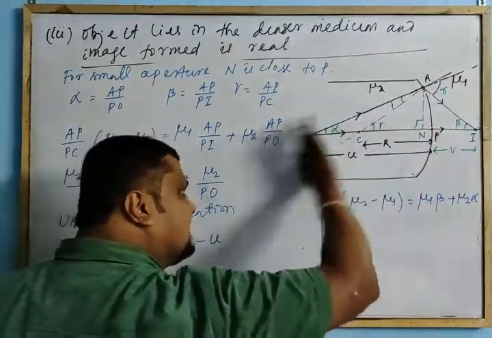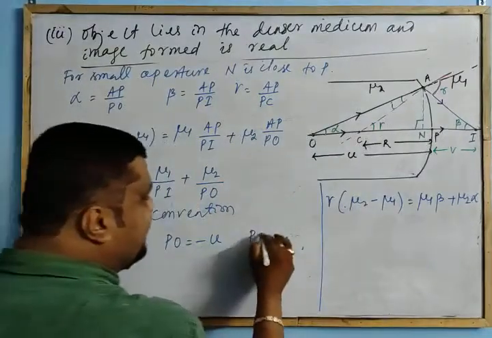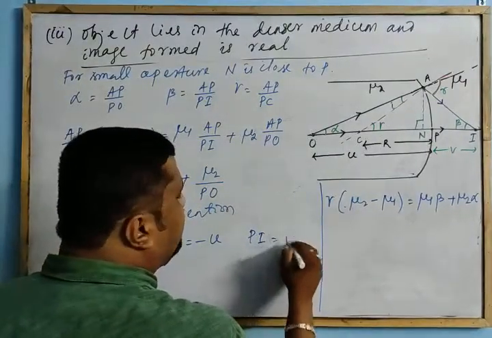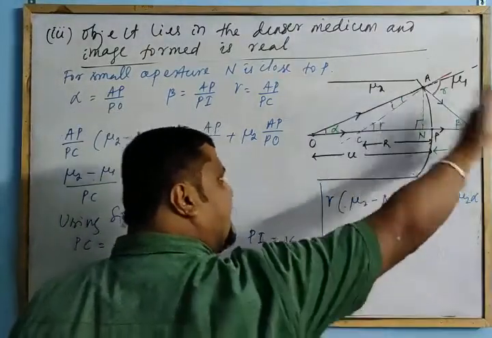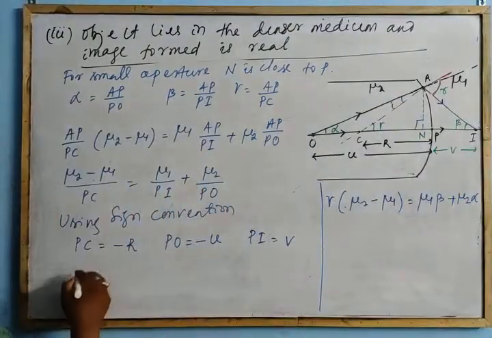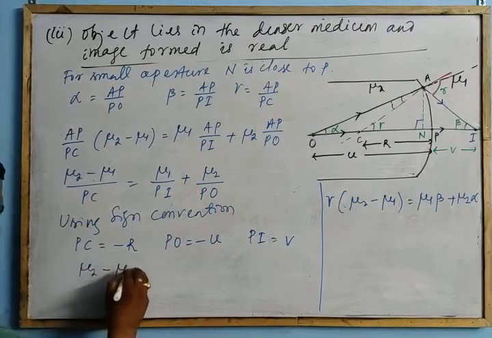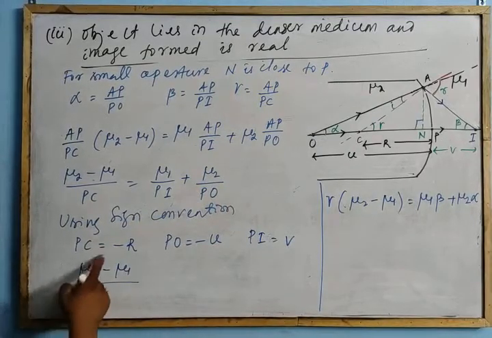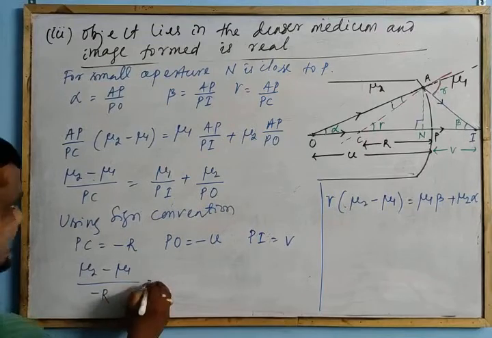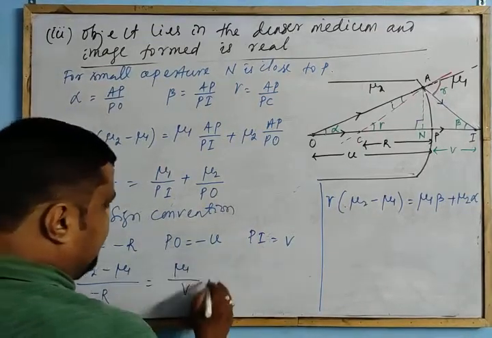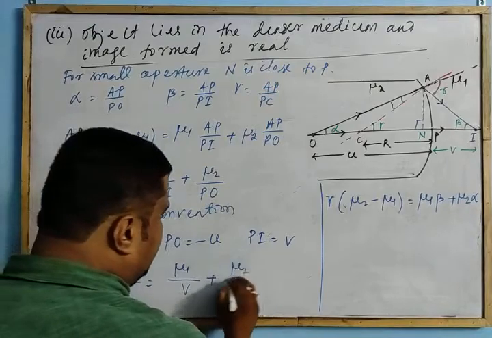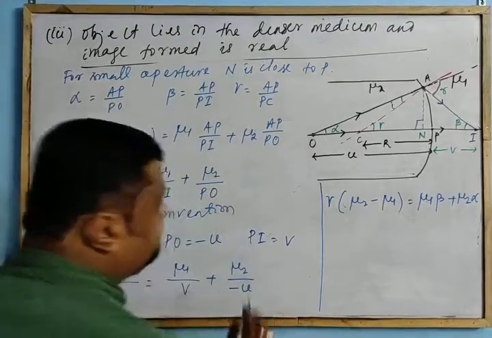It is convex on this side, but in the first two cases, it is convex on the other side. PI is equal to v, along the direction of light incident. PI, and light is incident like this. So mu 2 minus mu 1 divided by minus R is equal to mu 1 divided by PI plus mu 2 divided by minus u.